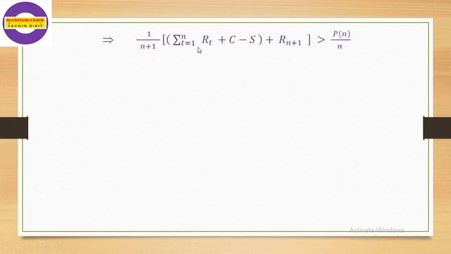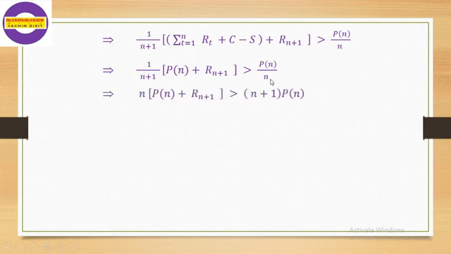Now, collect the term 1 upon n plus 1 into bracket summation t varies from 1 to n Rt plus c minus s in one bracket, and next is plus Rn plus 1 is greater than Pn upon n. Now this bracket is nothing but P of n. We get 1 upon n plus 1 into bracket Pn plus Rn plus 1 is greater than Pn upon n.